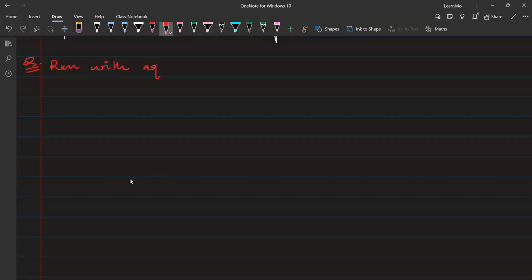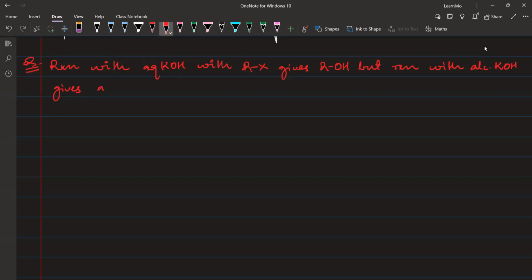Reaction with aqueous KOH with alkyl halide RX gives alcohol, but reaction with alcoholic KOH gives alkene.